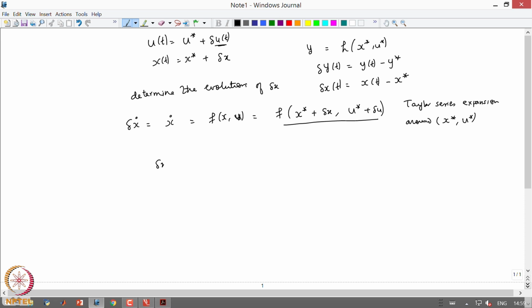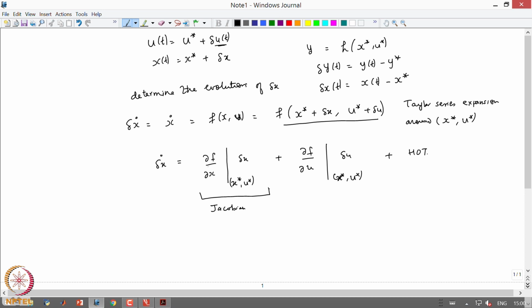This will give me delta x dot as the partial derivative of f with respect to x evaluated at x equal to x star, u equal to u star, times delta x, plus the partial derivative of f with respect to u also evaluated at x star, u star, times delta u, plus all the remaining terms, which I will just call the higher order terms in delta x and delta u. Okay. This is also called the Jacobian matrix. You are actually differentiating a vector valued function. So, f here is a vector valued function.